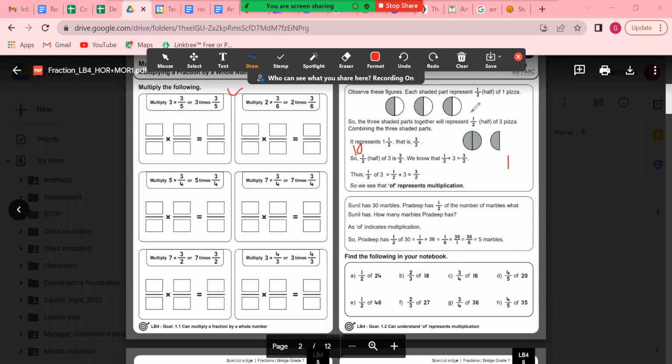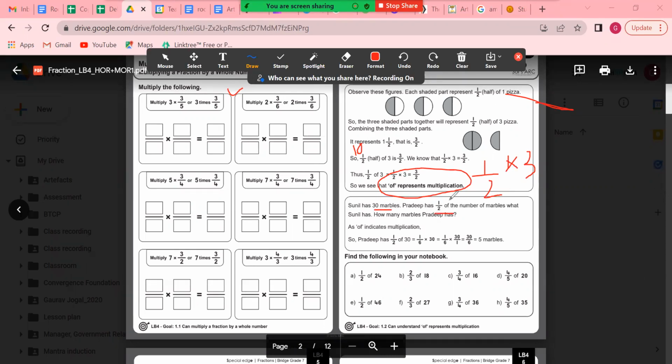Now, one thing to always remember: whenever the word 'of' comes in a word problem, that means multiplication. So 'of' means multiplication. 1/2 of 3 is half into 3. 5 of 3 is 5 into 3. If I read this question: Sunil has 30 marbles.